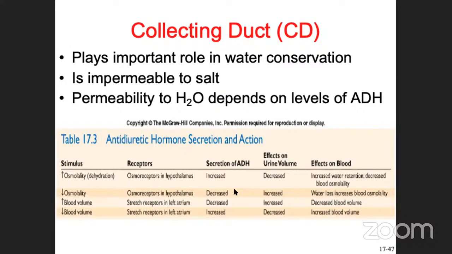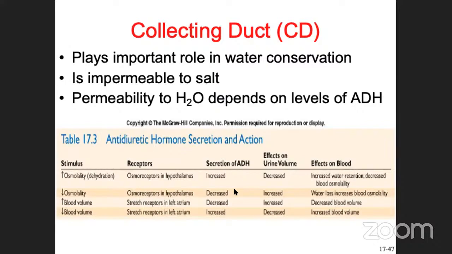In the case of more water, your system can also detect this, through the osmoreceptors in the hypothalamus in the brain. All right, in the case of a high blood volume, the ADH doesn't need to be secreted in a good amount.